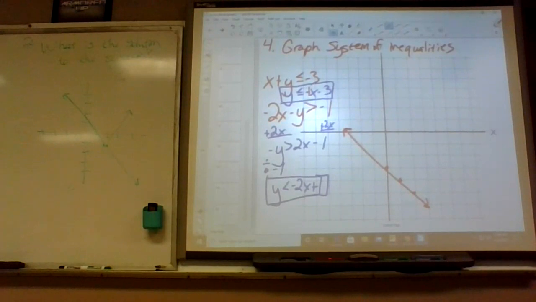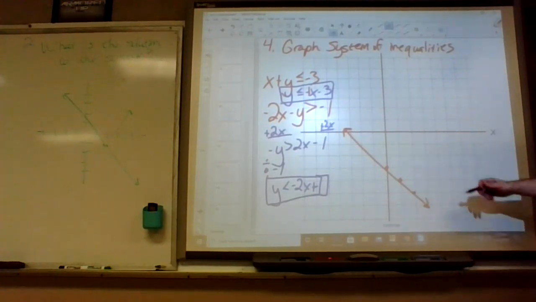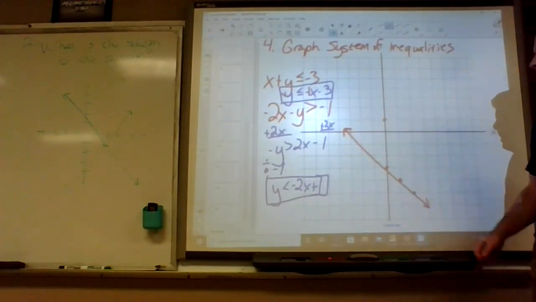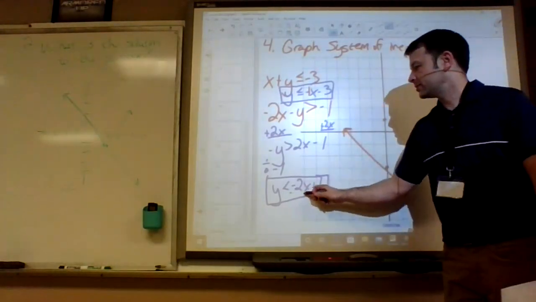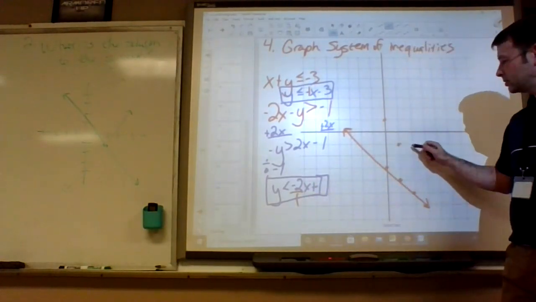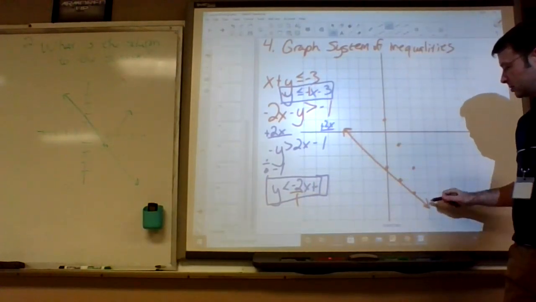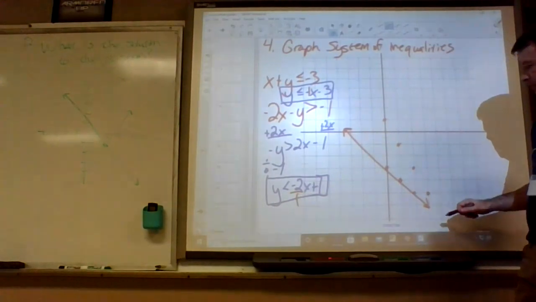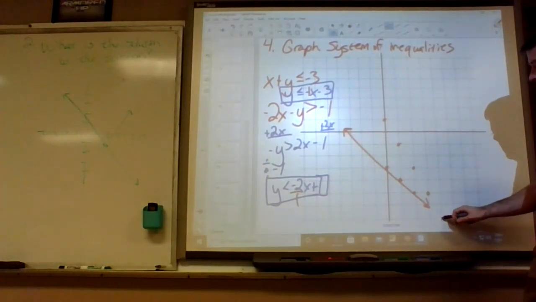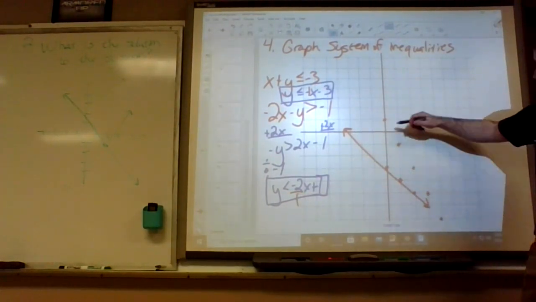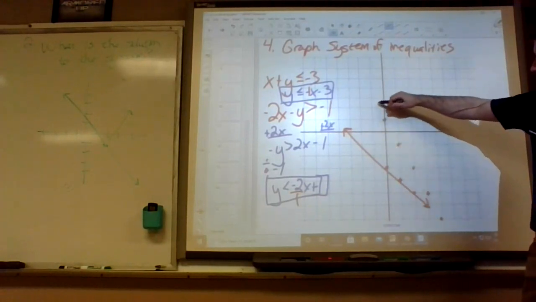Where do I start the other graph? Up 1. Where do I go from there? Down to the right 1. So they don't meet until the bottom of the graph, on my graph anyway. Is that line solid or dashed? Dashed.